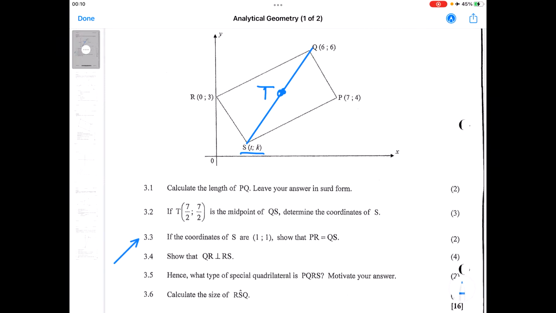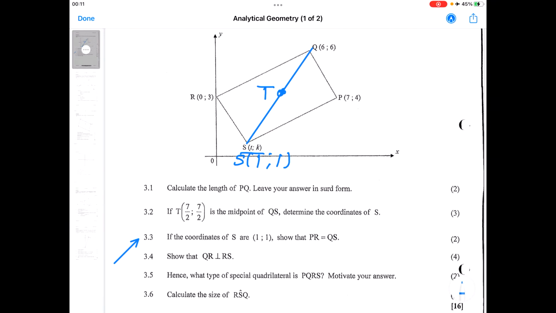3.3. If the coordinates of S are 1 and 1. The nice thing about this type of question is that on your previous question, you must have possibly got 1 and 1.